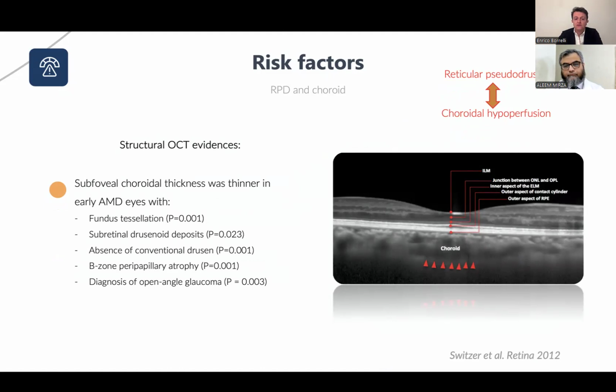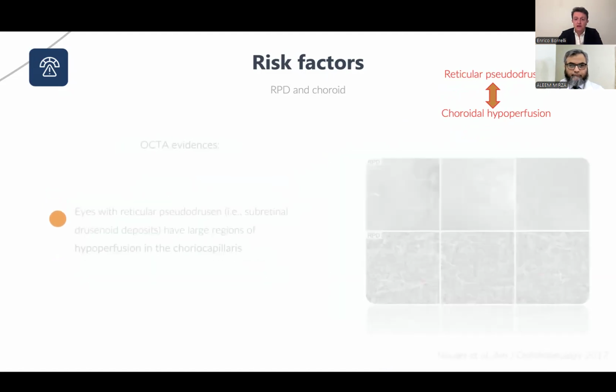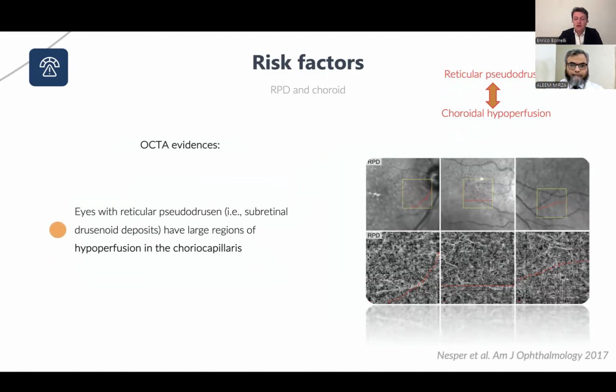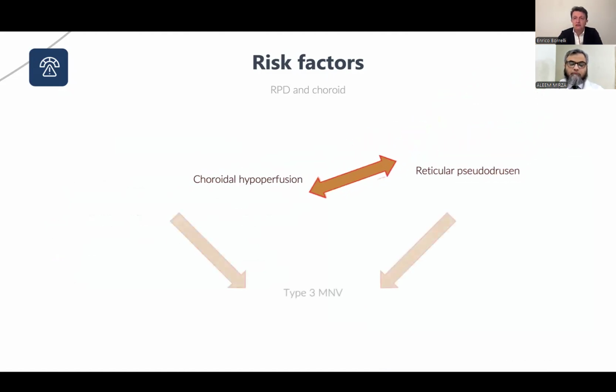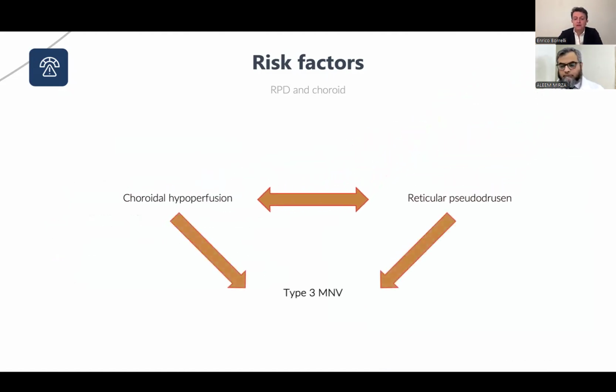And one of the most important factors associated with the development of reticular pseudodrusen is the hypoperfusion of the choriocapillaris and a thinning of the choroid. So the choroidal hypoperfusion is another main driver that may eventually lead to the development of type 3 macular neovascularization.